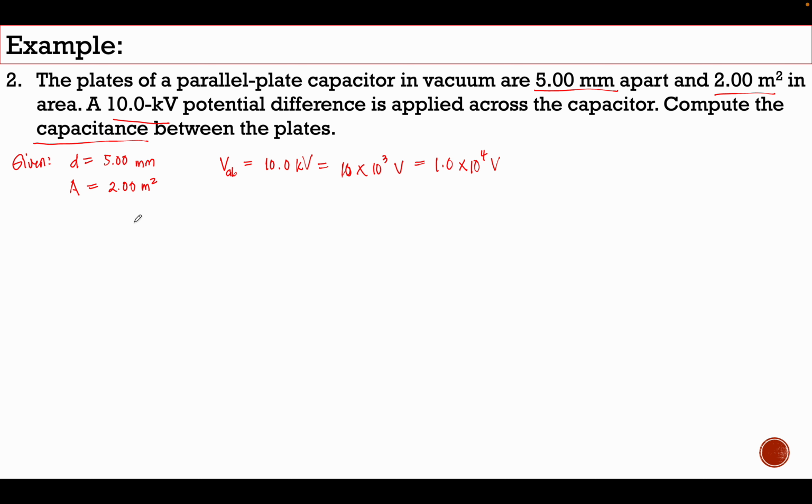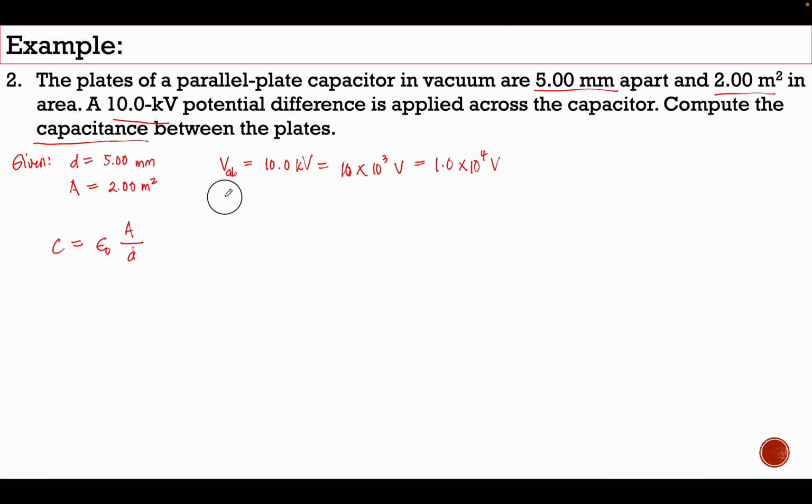So we need to solve for the capacitance. So take note that the equation to solve for capacitance is C is equal to epsilon naught times A divided by the distance.